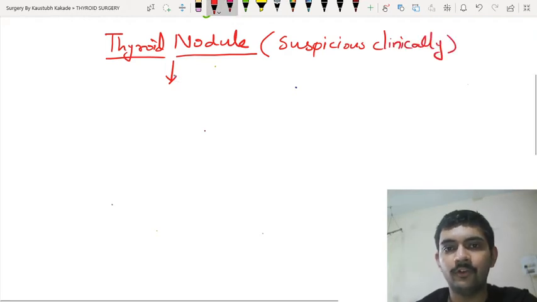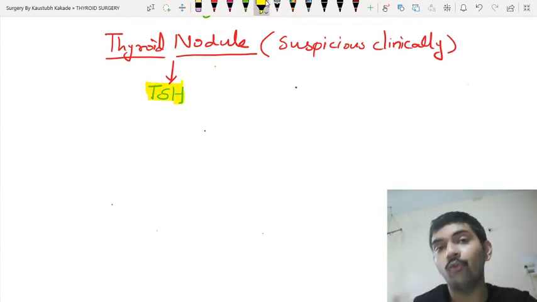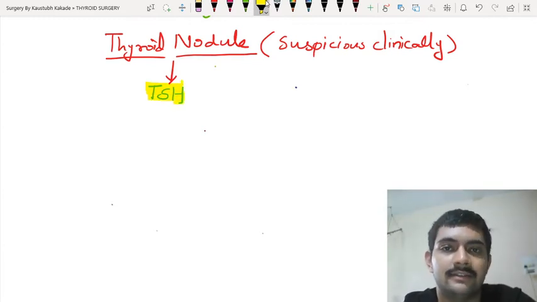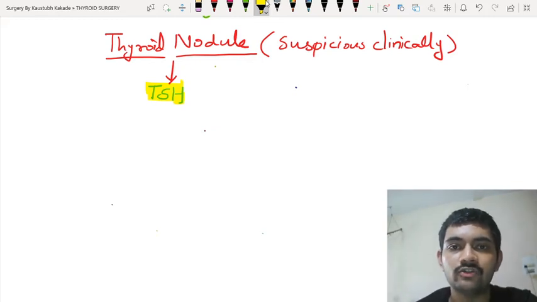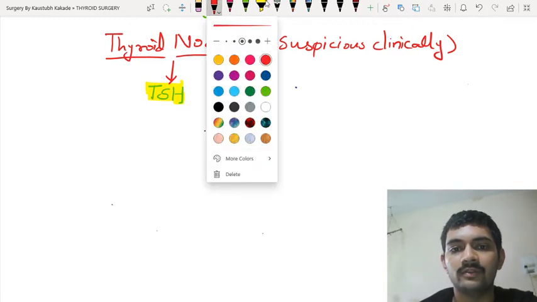The first test that you have to do is a thyroid function test, under which it is very, very important for you to identify the level of TSH. Yes, so you need to know what the TSH levels are in this case. Once you get the levels of TSH, there are going to be three possibilities.